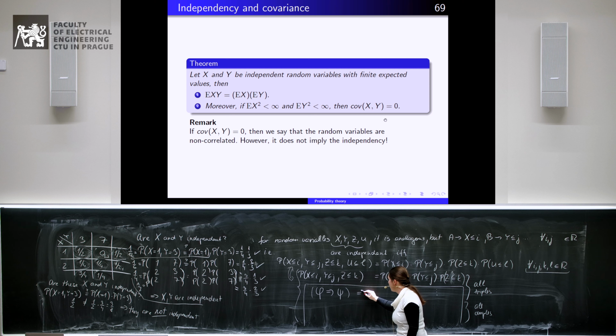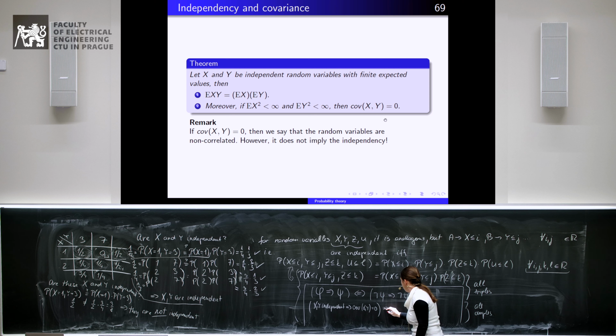It means it is equivalent to the situation that the negation of psi implies the negation of phi. And in our case, we know that x and y independent implies that covariance of x and y is equal to 0.